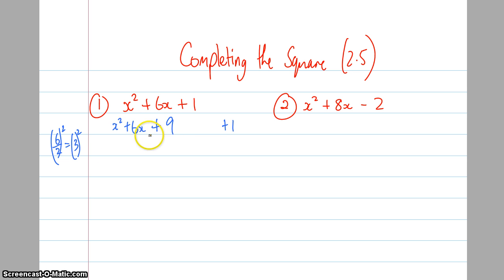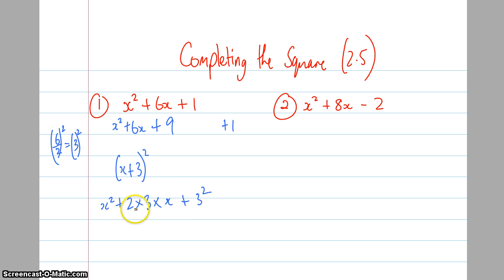The reason I do this is because now x squared plus 6x plus 9 seems a bit abstract, you know, why would I do that? But remembering back, if I use the cross method on this, I'm going to get x plus 3 all squared. When we expand this one, we get x squared plus 2 times 3 times x plus 3 squared.